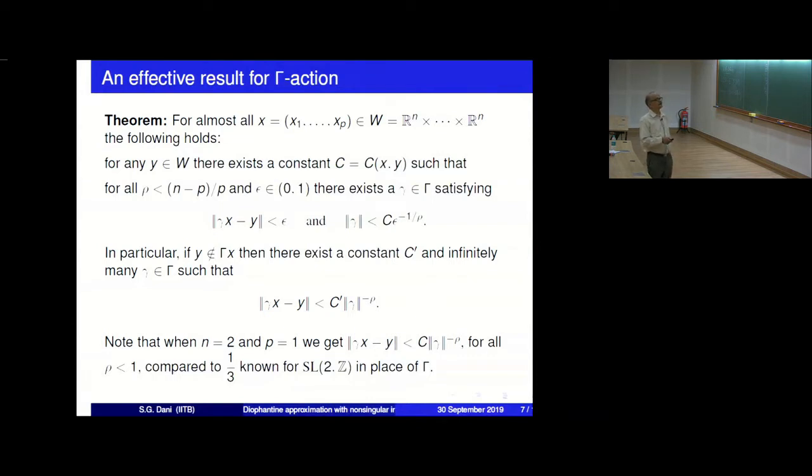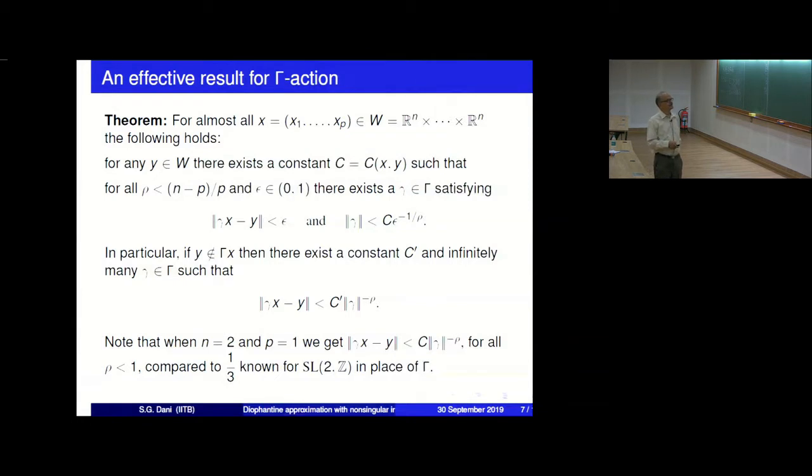And if y is actually gamma x, then there's limited choice, but when the difference is not zero, then you can find more and more gammas for which it will hold, so there will be infinitely many gammas for which this holds.